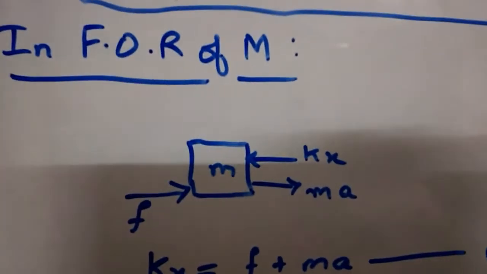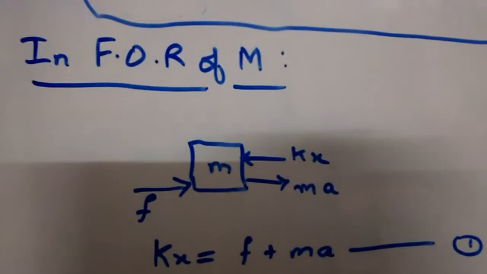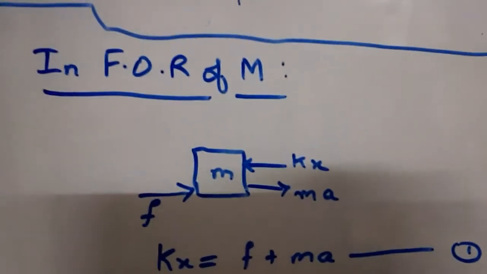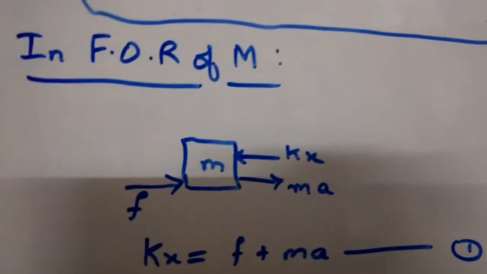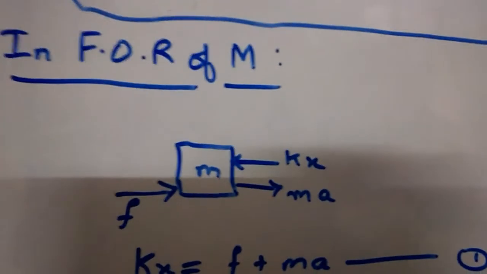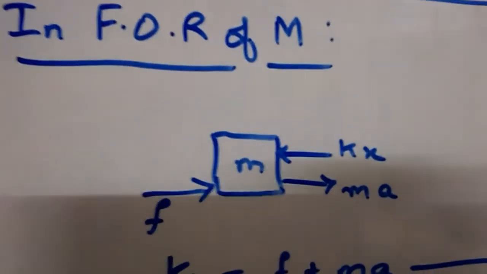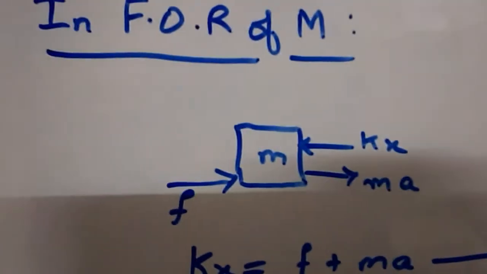Well, with respect to capital M, there will be no displacement of small m, which means that in the x direction there is no component of acceleration. Hence, we can say that it's an equilibrium with respect to capital M. So I've directly equated the forces: kx equal to f plus Ma, vectorially of course.